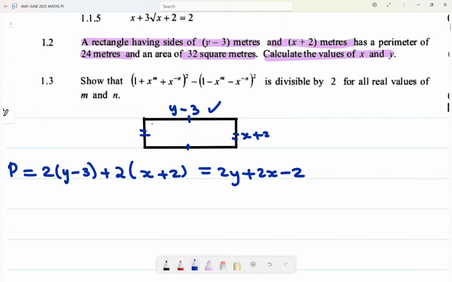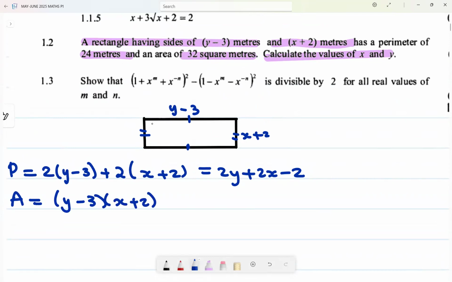And then I'm also told the area is equal to 32 square meters. You know that the area is going to be the length multiplied by the breadth. So it's going to be y minus 3 multiplied by x plus 2.